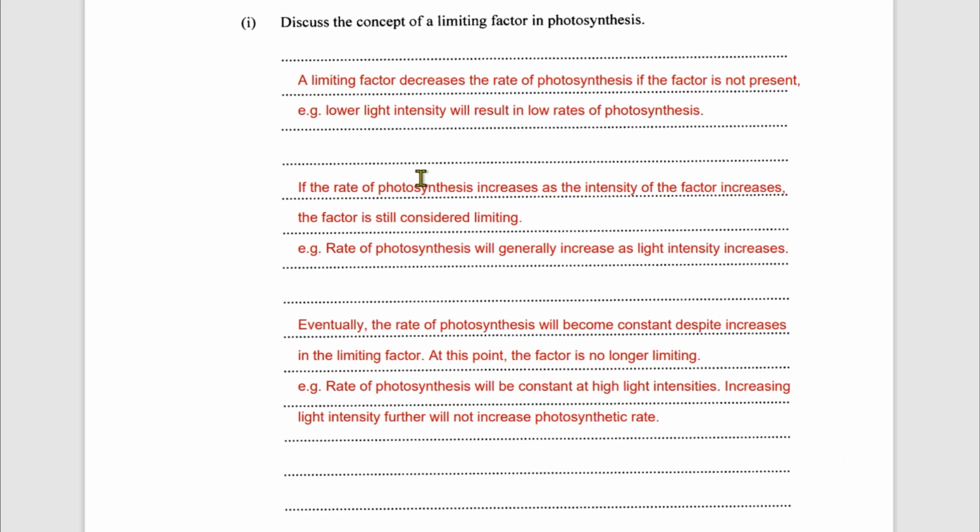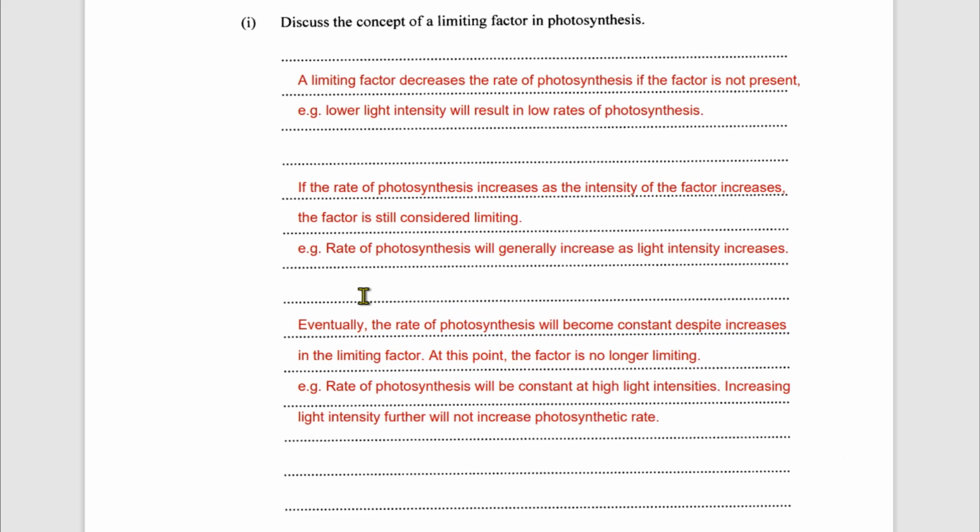If the rate of photosynthesis increases as the intensity of the factor increases, the factor is still considered limiting, because the more you increase it, the higher the rate goes. It's a little confusing, but think of light as an example again. If you have a bulb and you're making that bulb brighter and brighter, increasing the light intensity, and you see the plant photosynthesizing more, the light is still a limiting factor there.